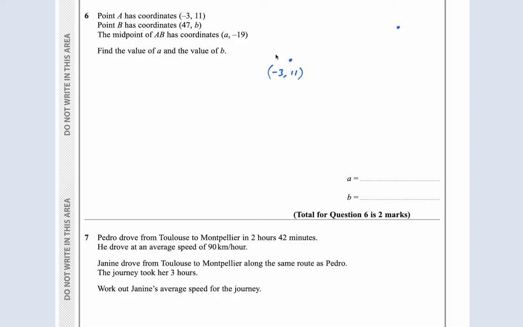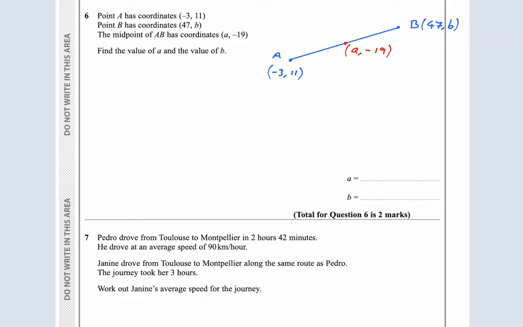This is A. And B is 47. B. And the midpoint, so I'm going to join these together. The midpoint, which is, let's say, here, has coordinates A minus 19. And it says work out the value of A and the value of B.